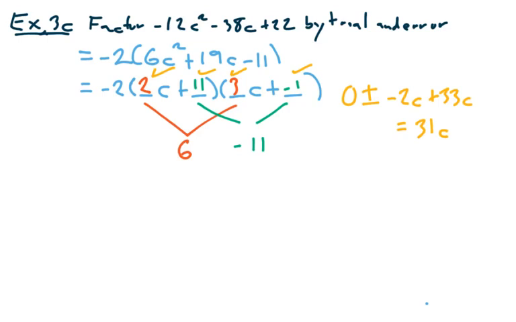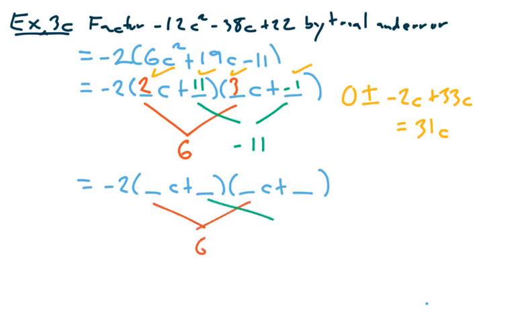Remember that one of the options you always have is to use the same numbers, the same coefficients, but just change the order around. I'm going to do that. This still has to be a product of 6. This has to be a product of negative 11. So I'm going to keep this as a 2 and a 3, but I'm just going to reverse the two numbers and put negative 1 here and positive 11 there.